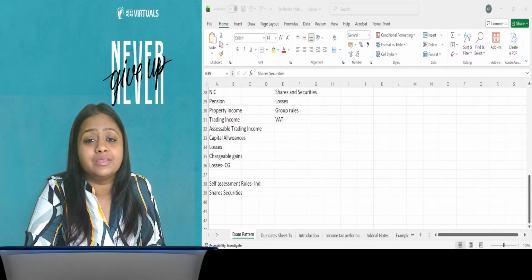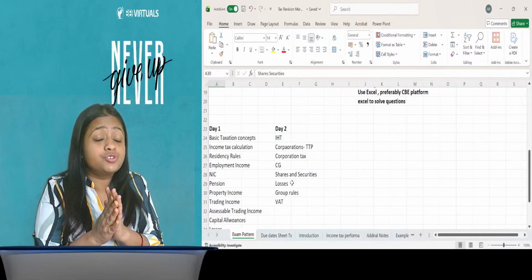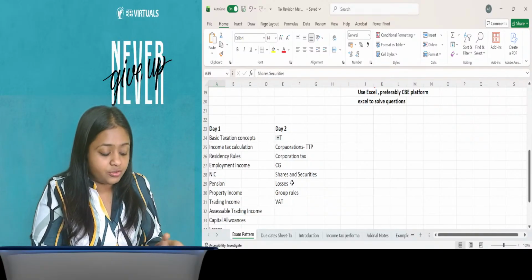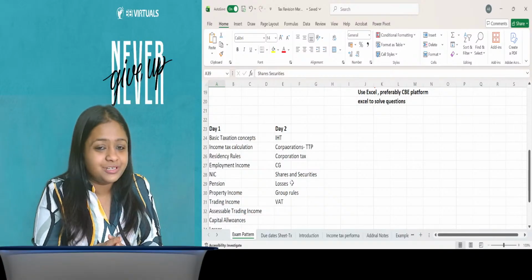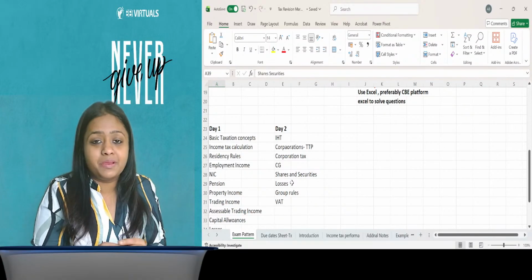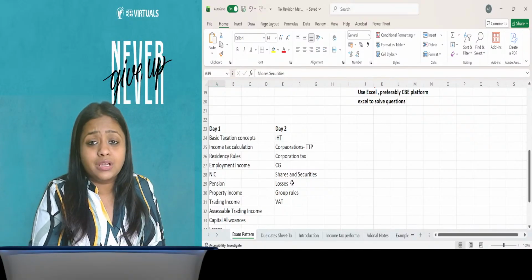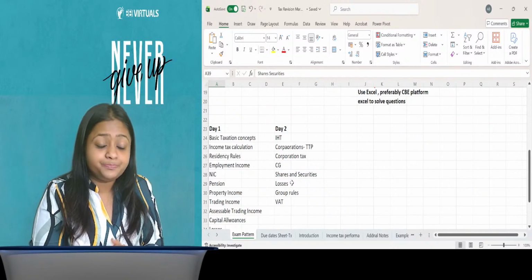Now I begin with the day 2 session, and the topic that we are going to cover today is extremely important, and the topic that generally troubles students is IHT, inheritance tax. Then we will be covering corporations, that is TTP, the total taxable profits calculations.